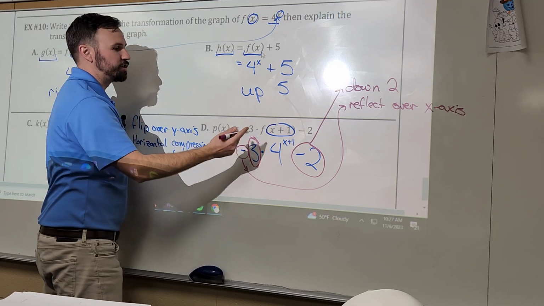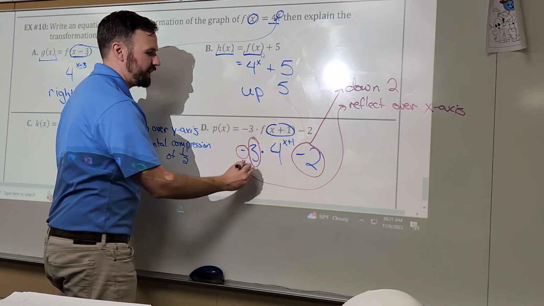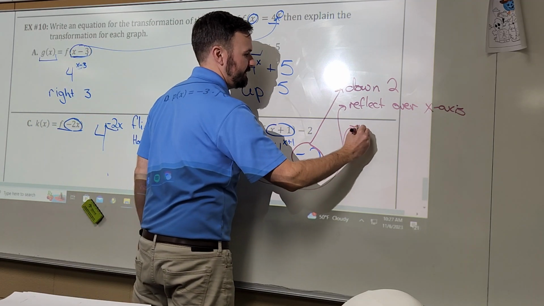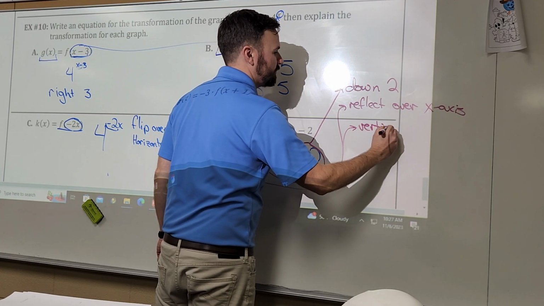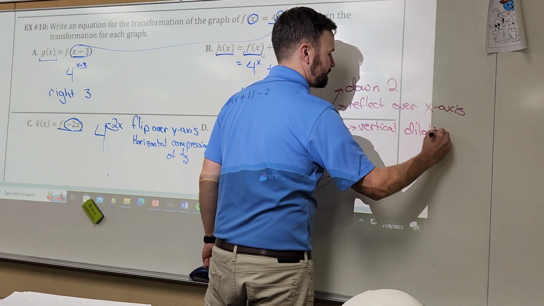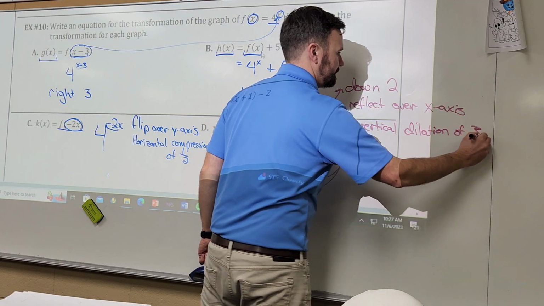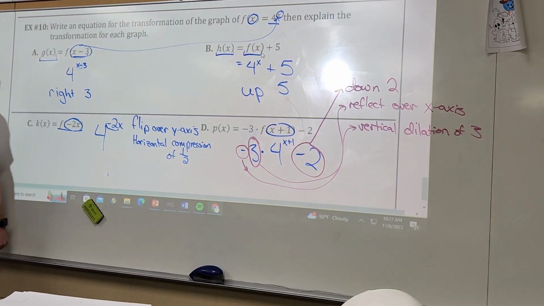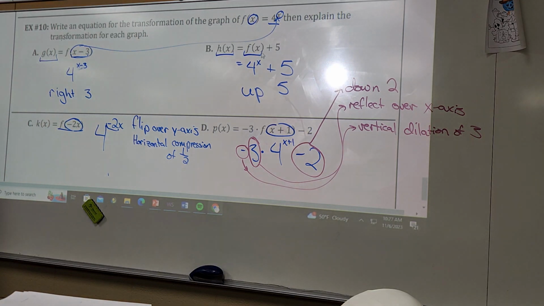Now we have a 3 in front, so all our y's are going to get bigger by 3, right? So that's a vertical dilation. Yes, it's bigger, because it's out in front. If I got 5 as my y value, I'm going to times it by 3. A dilation can be bigger or smaller.